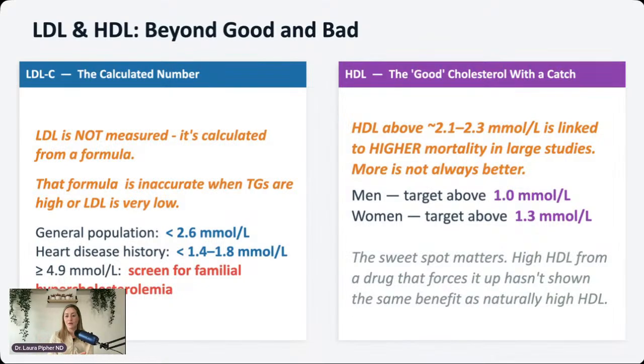And what they found was that when the drug forced HDL higher, it actually didn't have the same benefit as naturally high HDL. And we do know that HDL from 2.1 to 2.3 or higher is linked to higher mortality in large studies. So more is not always better, but I do like to see it at least above 1.3 because that's going to be more protective in the overall cholesterol panel itself.